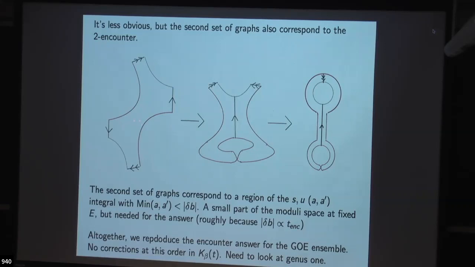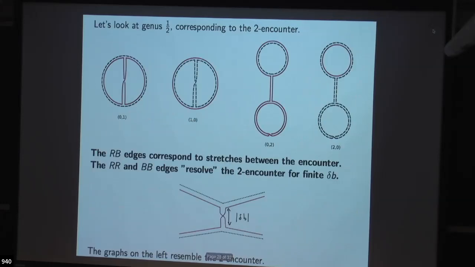It's not been really important to understand this, but we can start with this picture of the geometry I've drawn that hopefully looks like a sort of deformed version of the encounter. And if we make the identifications we need to do, we identify this edge with this edge, we have to twist it around so that this region here becomes this region here. And then we make this identification like this, we get a surface which looks like this. So in an extreme limit, this surface resembles this graph here.